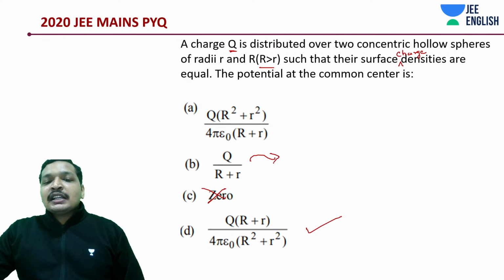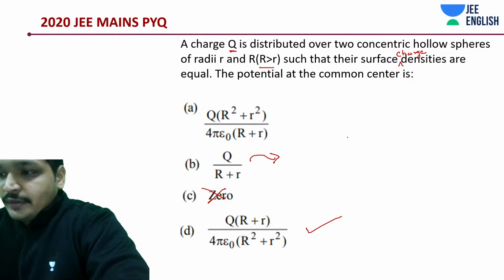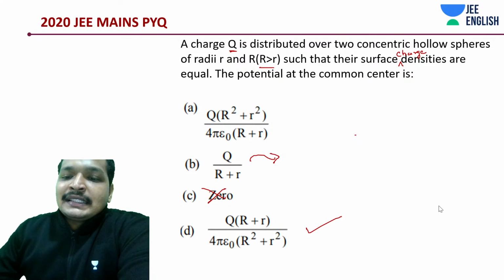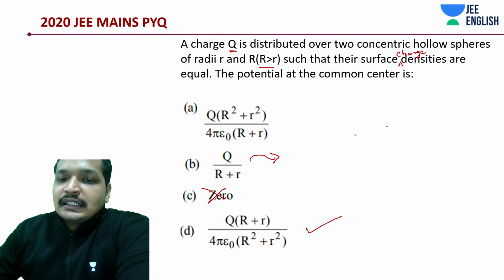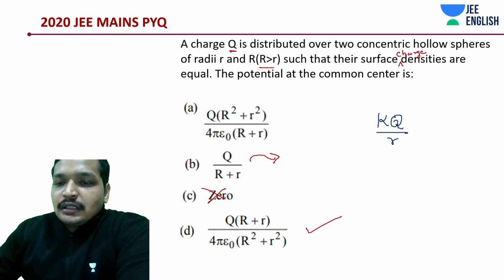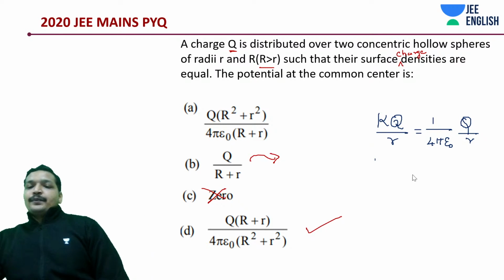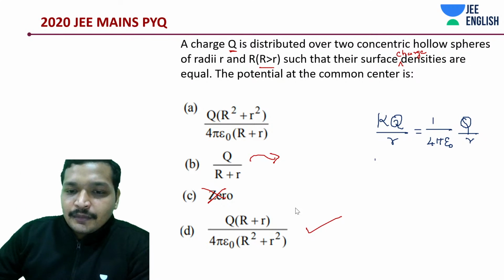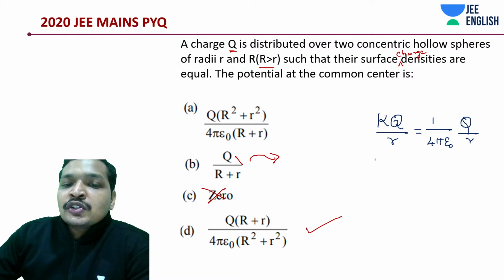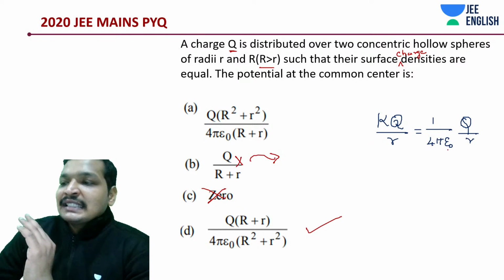Why is this dimensionally incorrect? Anyone, why is this dimensionally incorrect? Now, notice this thing. Even though this may be a tempting option, this is also dimensionally inconsistent.